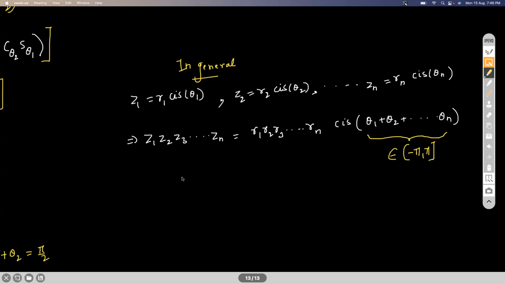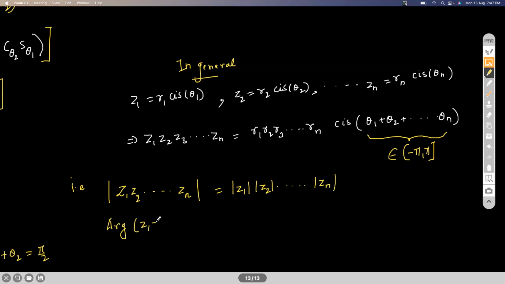That is, if you are multiplying several complex numbers, their modulus is the product of the moduli of all these complex numbers, and their argument is the sum of the arguments of all these complex numbers.